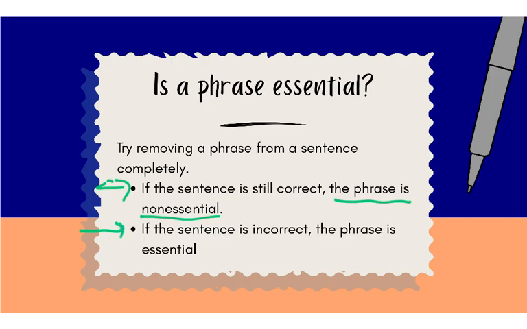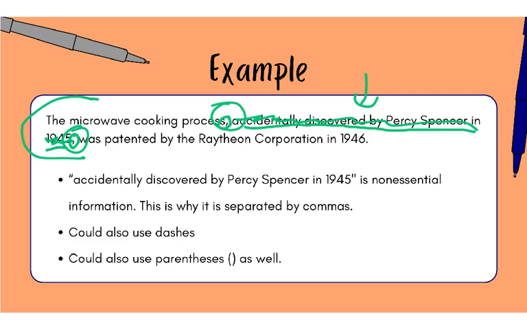If after you take out the information within the commas, the sentence is not correct, then the phrase that you just took out is essential, and you cannot take it out or separate it with commas or dashes. So let's clean this up here and look at it again.